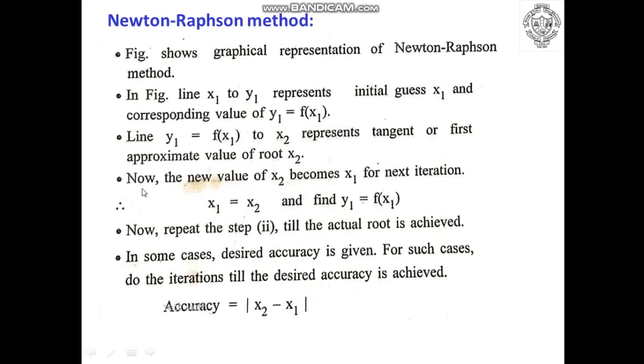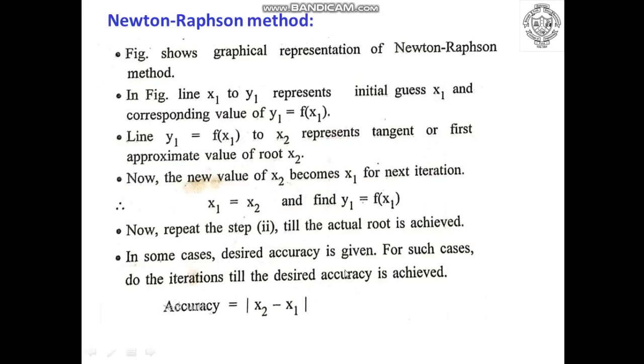Please try to remember this particular step, it is very important. After finding the value of x2, that value has to be considered as x1 for the next iteration, which we used to do in the bisection method or regula falsi method. So x2 will be considered as x1, and then we repeat the same procedure for the Newton-Raphson method.